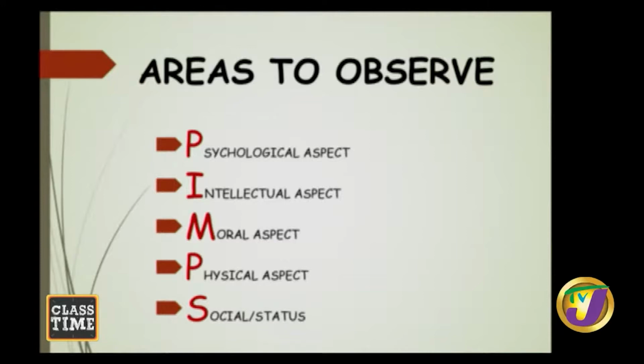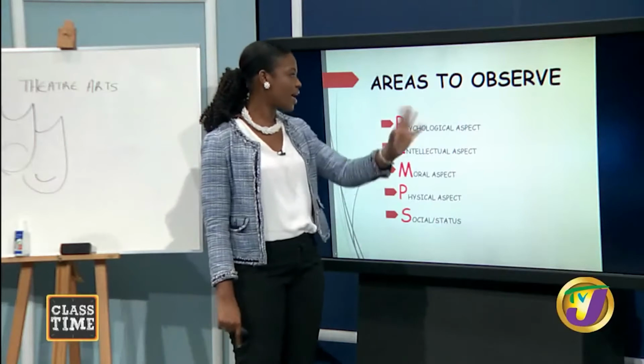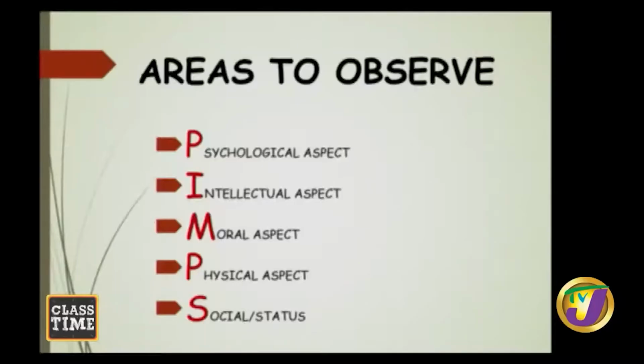So that word is PIMS, and this is just for us to remember what the different areas are. Okay? So let us find out what each of these areas entail. So PIMS: P, psychological; I, intellectual; M, moral; P, the physical aspect; and S, social status.